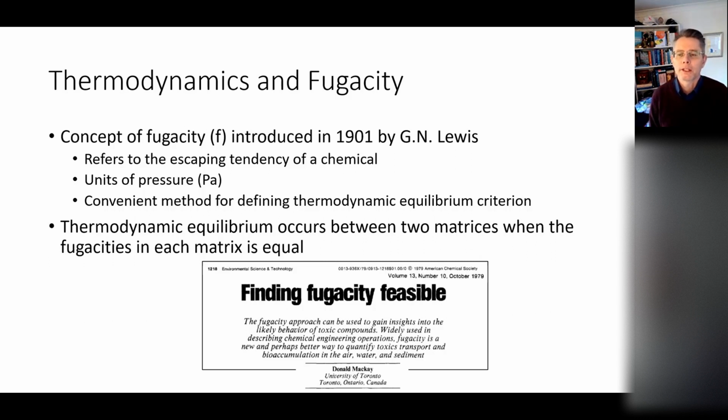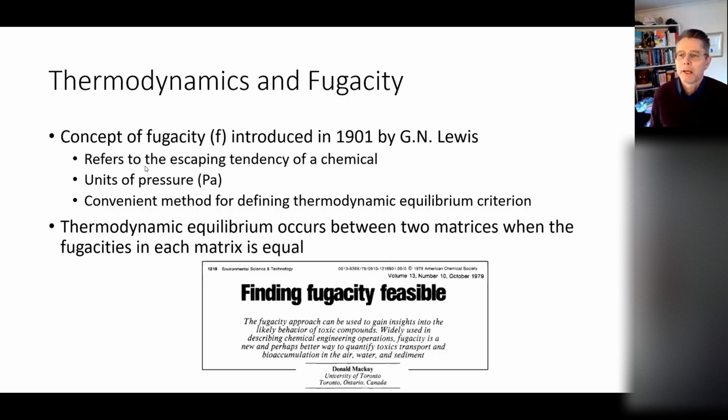Here is the argument for why Fugacity is useful. For the environmental fate and exposure of chemicals in a multimedia environment, chemicals are going to partition between different media, and they're always moving towards an equilibrium, as we understand within the concepts of thermodynamics. Knowing the differences in fugacities in the different systems helps us to understand the relative behavior of chemicals in the environment.